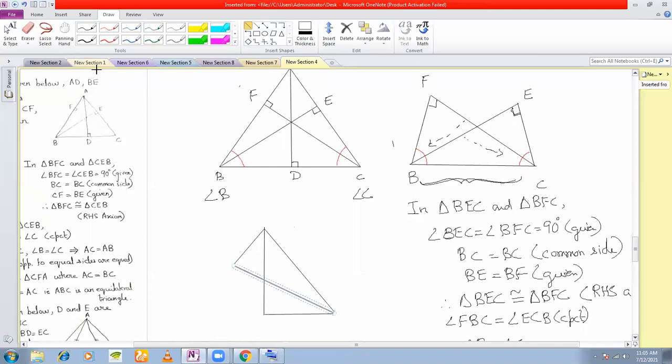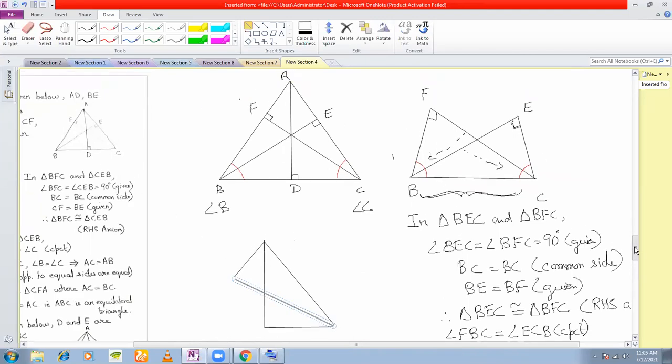You see these two triangles in the figure? Can you see this in the figure? Yes, sir.